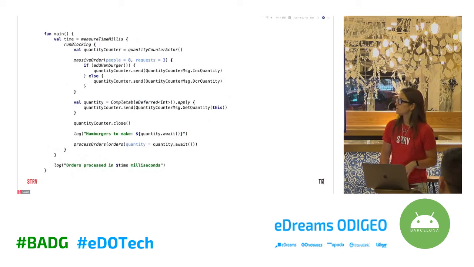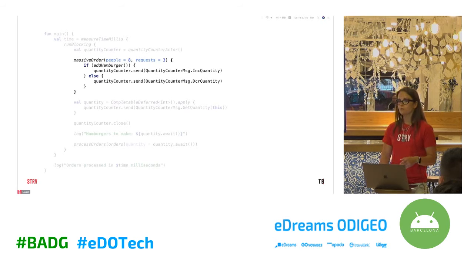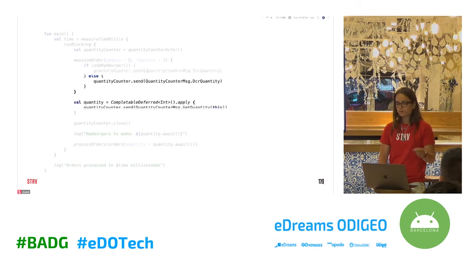The main code is then straightforward. We just need to create the quantity counter actor. We need to launch the massive order with 8 people, where each person can ask 3 times to either create an order or cancel an order. After that, we get the final number of orders.